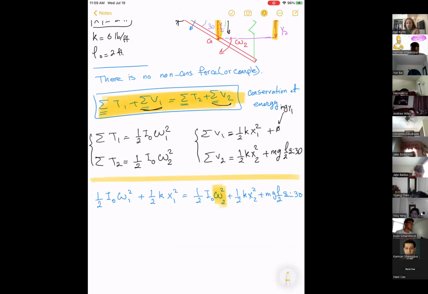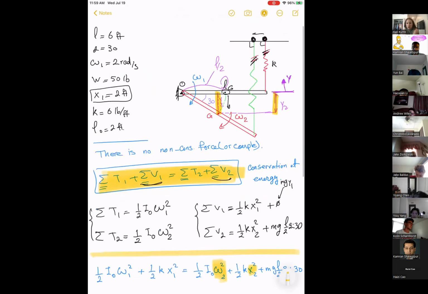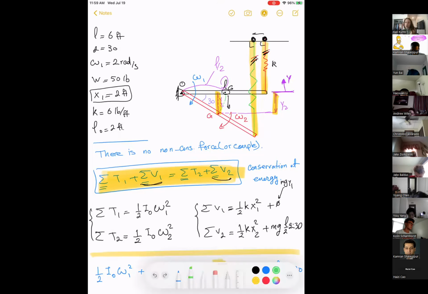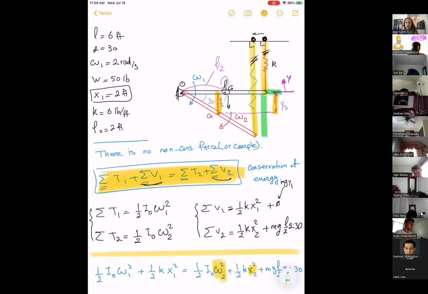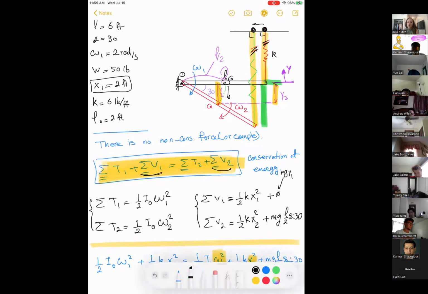So how about x2? How much is x2? Look at this geometry. This is your L1, this is your L2. The difference between these two, which is this guy, should be added to x1, because up to here it had x1, and now you go this much more. You guys follow? Let's call this height h.